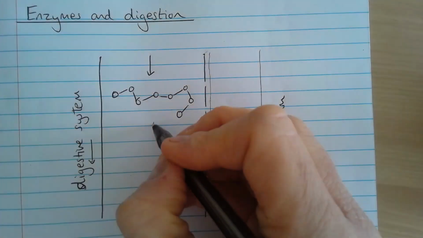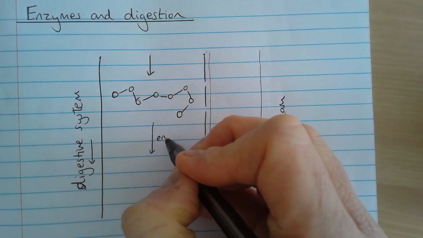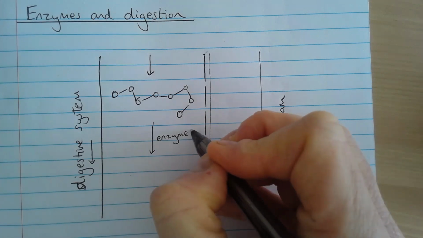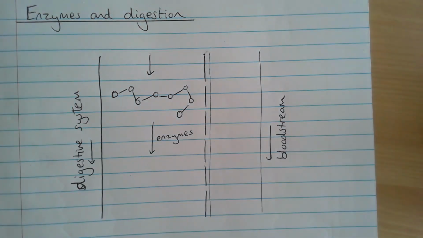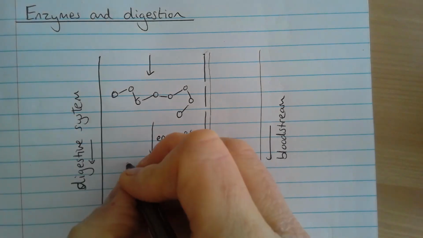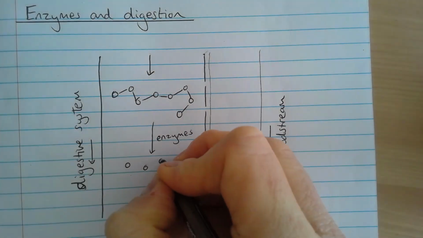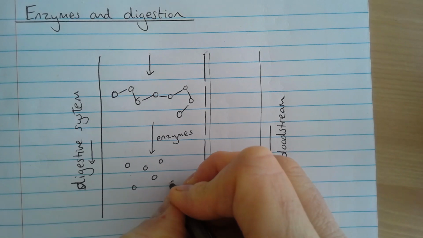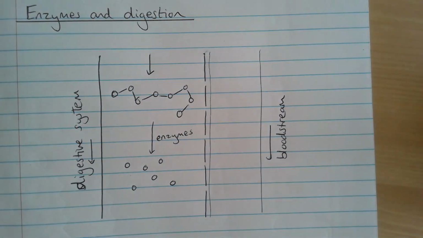So the digestive system has chemicals called enzymes. You'll learn later that these enzymes are biological catalysts, and they act sort of like chemical scissors and break the long food molecules into smaller molecules.